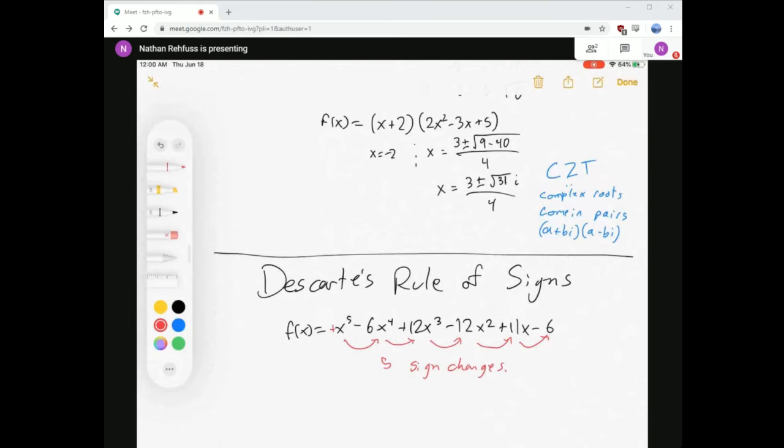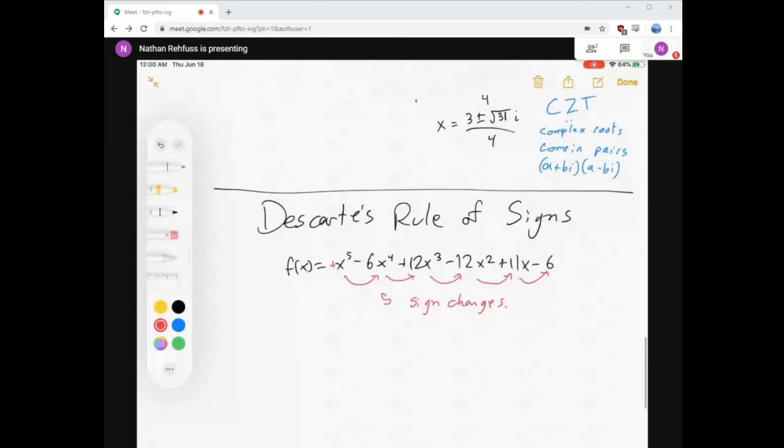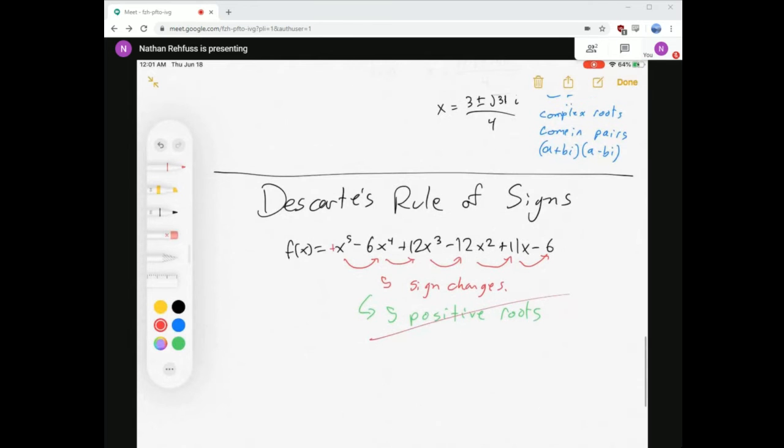Where he's going to go with that is what he would really like to say is, therefore we have 5 positive roots. Unfortunately, that's not correct. See, the problem is René Descartes was doing his work at the beginning of the 1600s, and complex numbers, we had an inkling that they were out there when Descartes was alive.